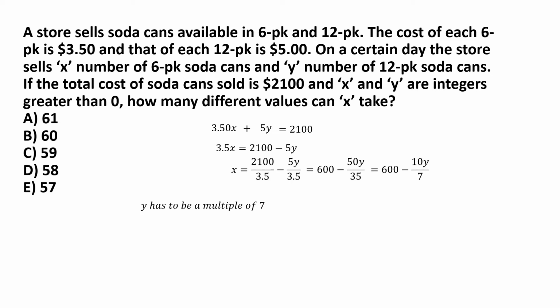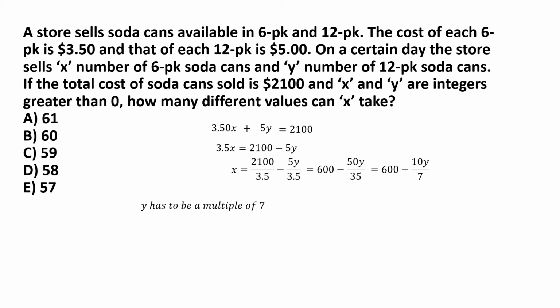Further note that based on this relationship, x is equal to 600 minus 10y by 7, for each unique value that y can take, x will have a unique value. So if I can find how many different values y can take, I'll be able to find how many different values x can take. They're going to be the same, right? Because there's a one-to-one relationship between x and y based on this relationship.